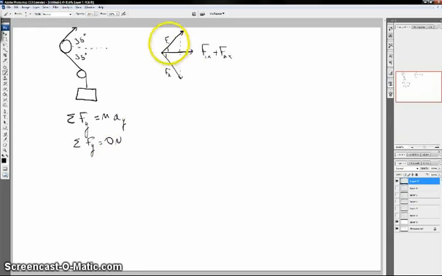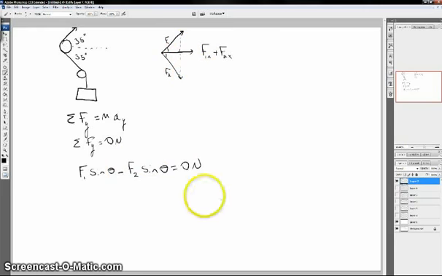If we look at our diagram up here, we can tell that the y component of the two forces is equal to the sine of theta times the force. Just a little bit of trig, so I can rewrite that, and I can say that force 1 times the sine of theta minus force 2 times the sine of theta should be equal to 0 newtons. I've used the minus sign here because force 2 is pointed downward.